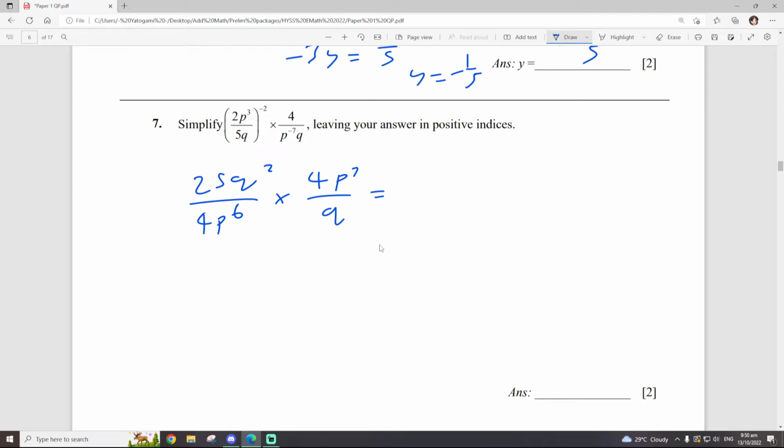Okay, and then I will get to simplify this. So this and that cancel. This cancels and I get cancelled that. This cancels with that. And I will get just 25 p cubed.